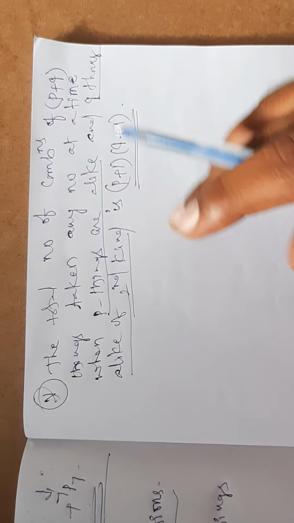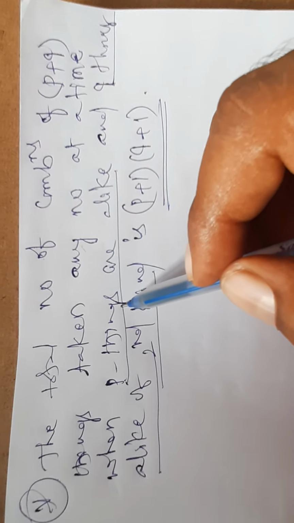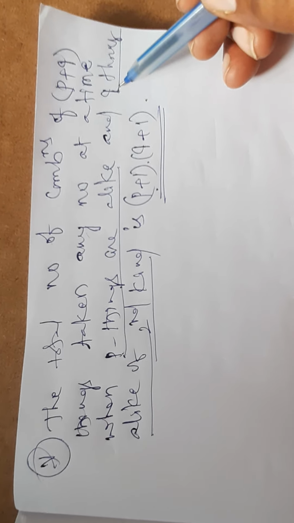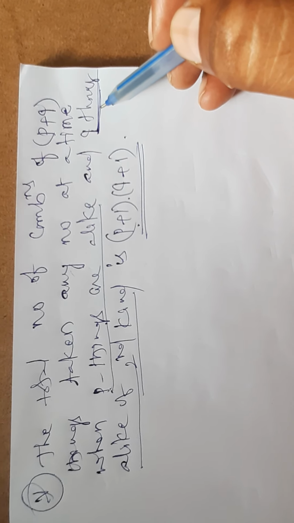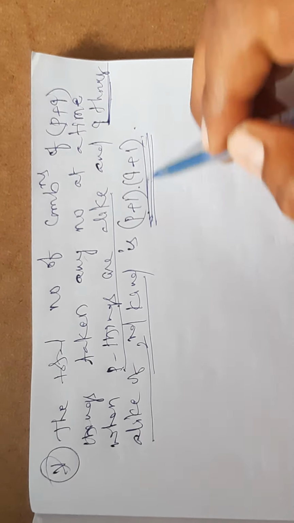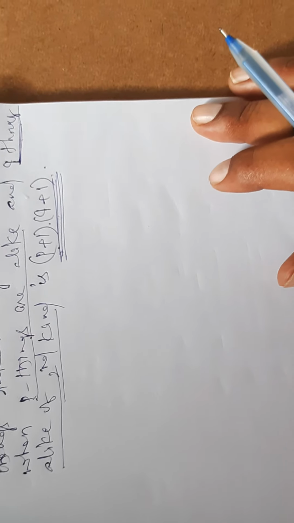Since out of p similar things, how many ways can I select 0 or more? p plus 1. Into q things also there. Similarly, out of q similar things, how many ways can I select 0 or more things? q plus 1. Therefore, the number of ways is (p plus 1) into (q plus 1).